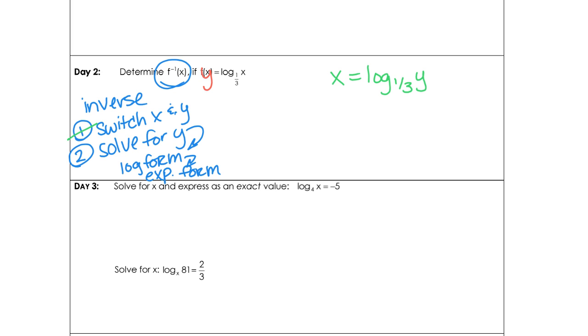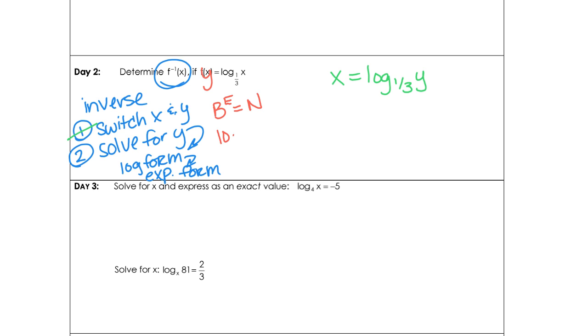In order to do step 2, in order to solve for y, we might have to put it into exponential form since it's already in log form. And so remember our two forms, and we'll write them down here, is that if we're in exponential, it's base to the exponent equals your number.